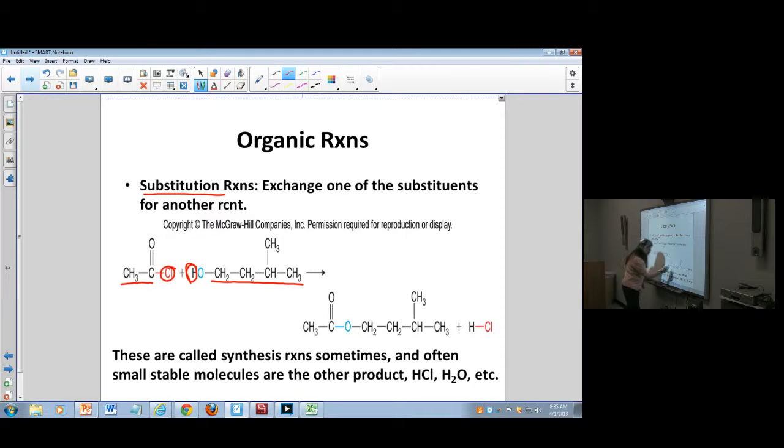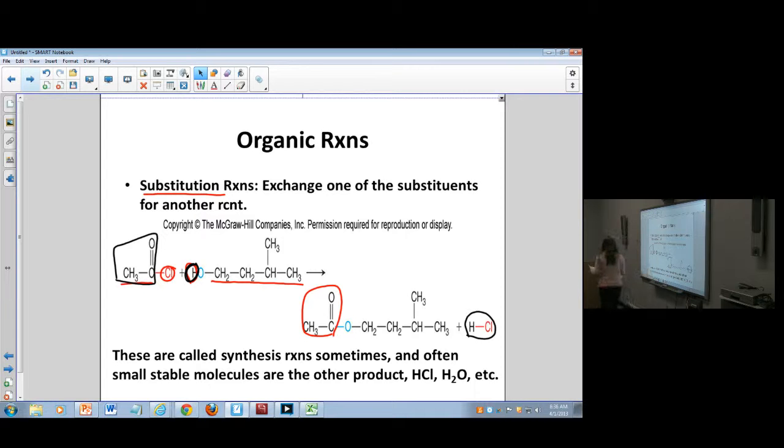And notice that this part of the molecule that we were just looking at, let me do that in a different color, is now substituted in the place of what used to be a hydrogen. That's a substitution reaction. Often these are synthesis reactions. And notice that we got one thing from each of the two different parts in order to make this substitution.